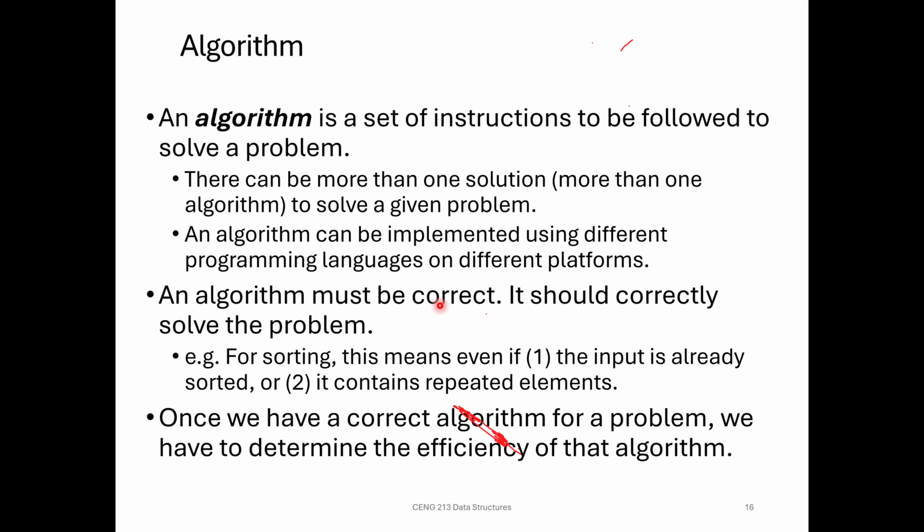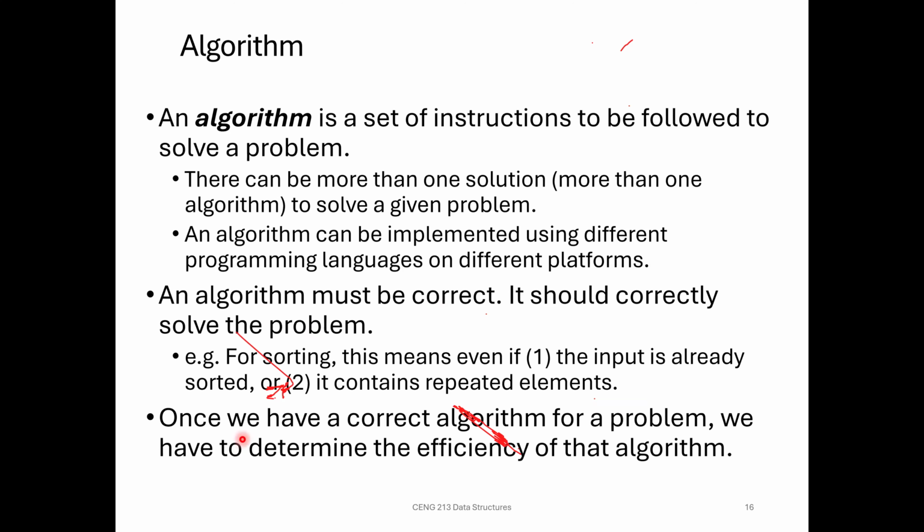So if I say add 10 to 20, and it produces an answer that says 10 plus 20 is 25, then we cannot call it an algorithm, because you and I know that answer is not correct. It must correctly solve the problem.